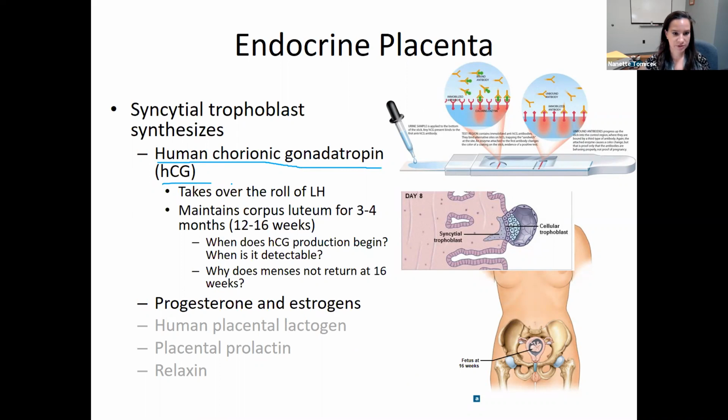Okay, we will start to produce this at about implantation. That syncytial trophoblast will start to produce some of that human chorionic gonadotropin hormone, and what that is going to do is really communicate to the brain and the mother's body that a pregnancy is in place.